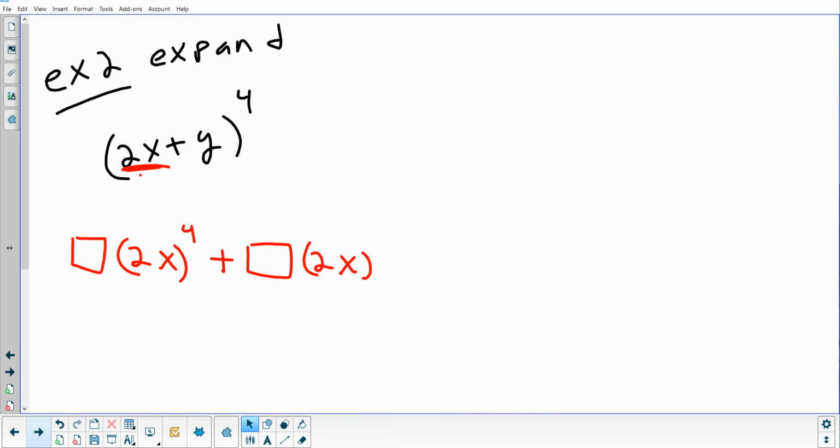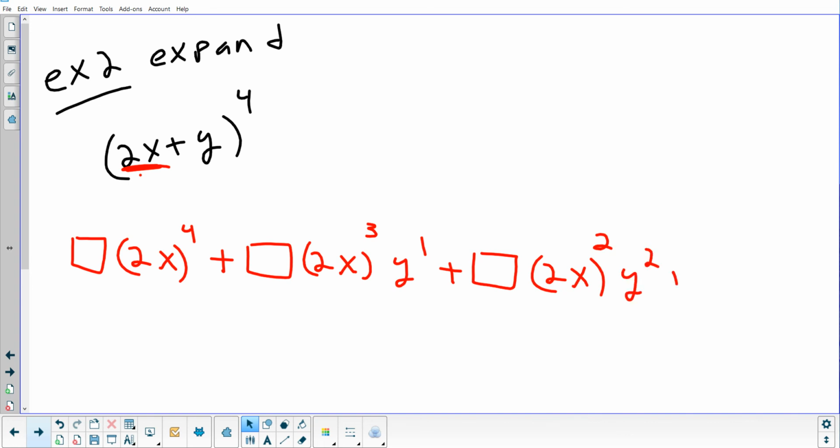Then we're going to have 2x to the third, y to the first, plus 2x to the second, y to the second, plus 2x to the first, y to the third, plus, now it's 2x to the 0, so we don't write that, y to the fourth.